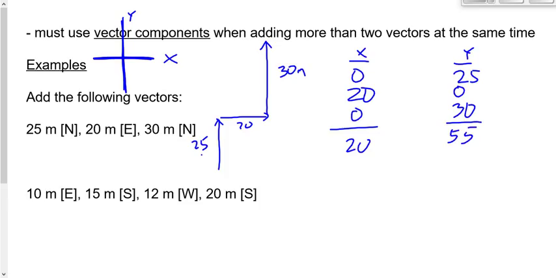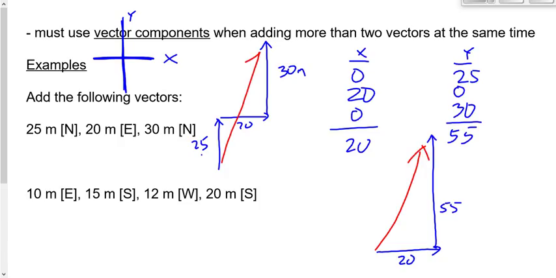Now let's redraw this. 20 this way, 55 this way, right? Head to tail. And my resultant vector is, hey, look, it's the same resultant vector, right? Except that this time it's in a triangle. So this time I can do the old Pythagorean theorem here.